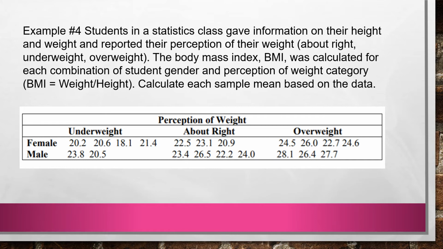For females, the BMI is between 18 to 21 if underweight, 20 to 23 if about right, and 22 to 26 if overweight. For males, the normal to underweight range is between 20 to 23.8, about right is between 22 to 26.5, and overweight is between 26.4 to 28.1.